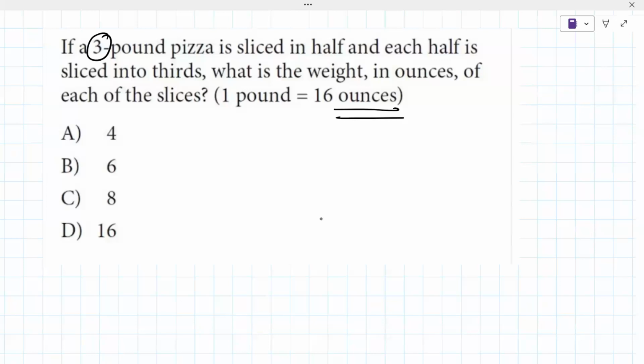How did you get 36 from 3 and 16? I don't know. Wait, hold on. I got it. Supposed to divide.